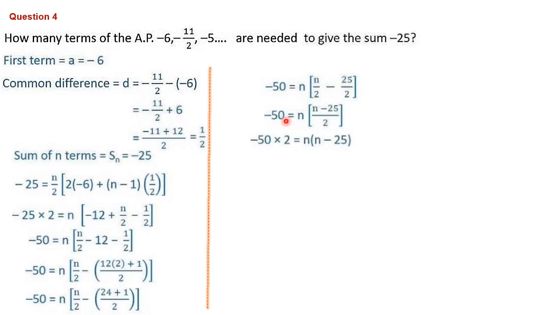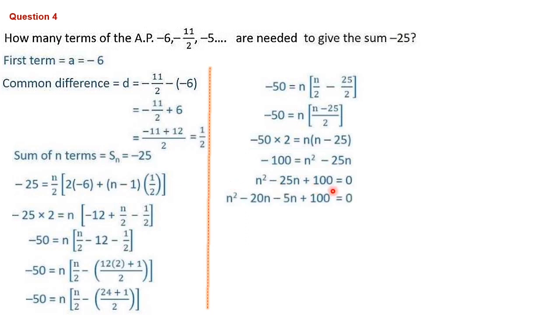Then this 2 we can bring here: minus 50 into 2 is equal to n into n minus 25. Then minus 100 is equal to n squared minus 25n. Take this to the right side: n squared minus 25n, and this minus 100 going to the right side means plus 100, is equal to 0. We have to factorize this because we have to find the value of n.